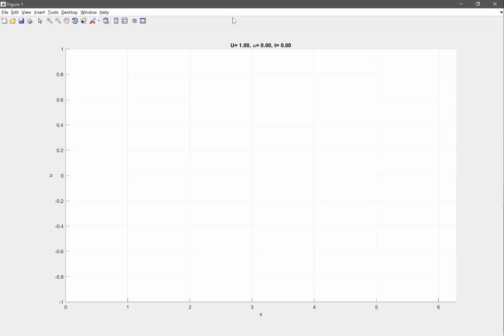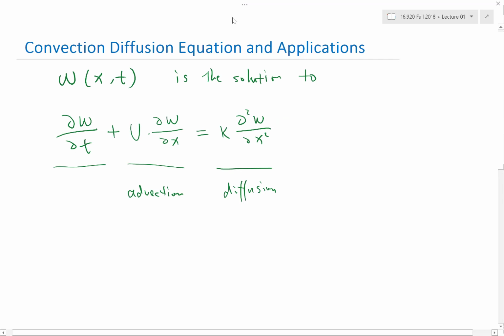So that is a drawing ground for the initial condition of this equation. As you look at this equation, this is one of the equations that is time dependent, right? We have time as one of the independent variables in this equation.